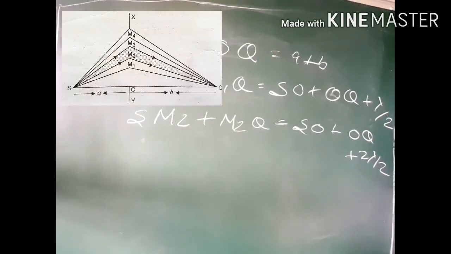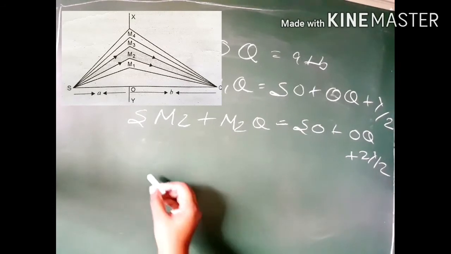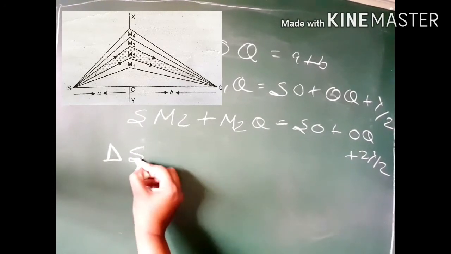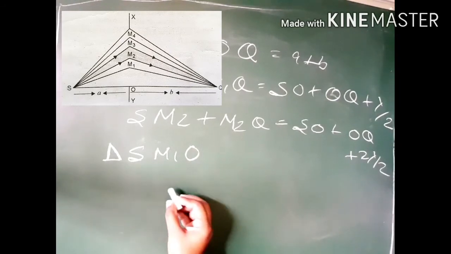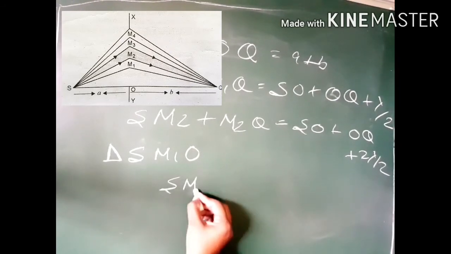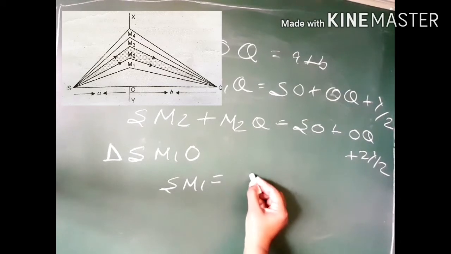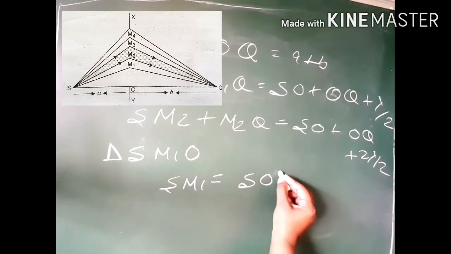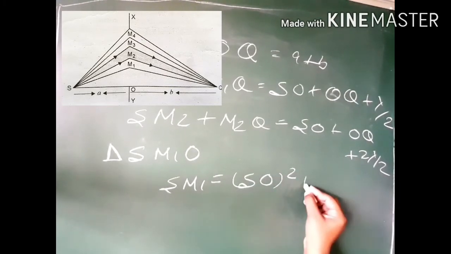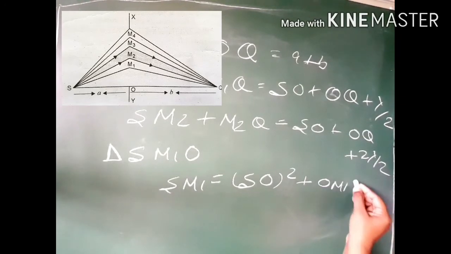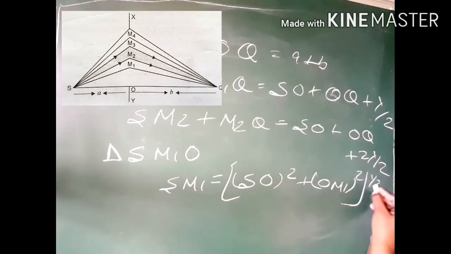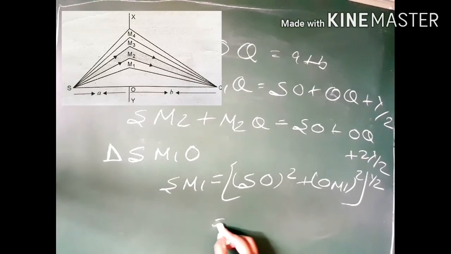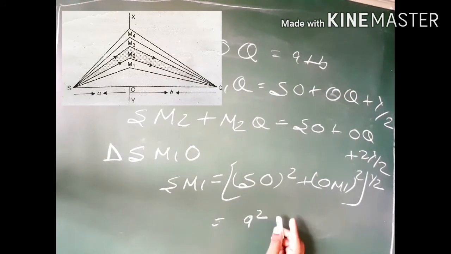Now from triangle SM1O, we have SM1 is equal to the square root of SO square plus OM1 square.